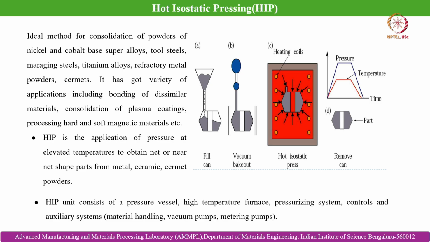Here we are talking about simultaneous exertion of pressure as well as temperature on the powder aggregate. That means simultaneous sintering, densification and pressurization, which can yield significantly improved properties in the sintered parts, much higher than the conventional uniaxial compacted and then sintered parts.